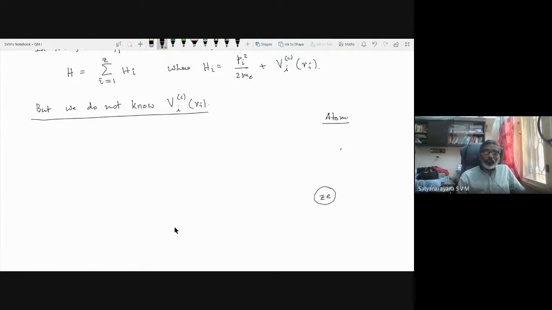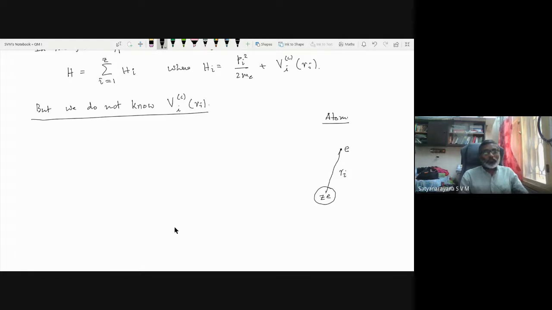One of the electrons, let's call it the ith electron, is at position Ri.